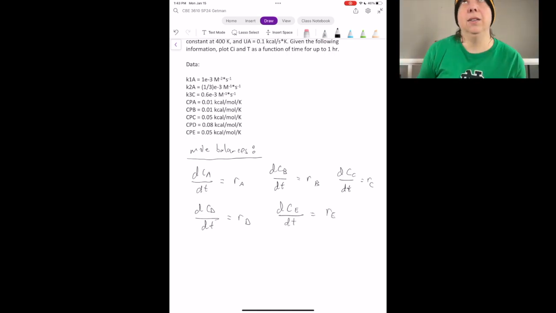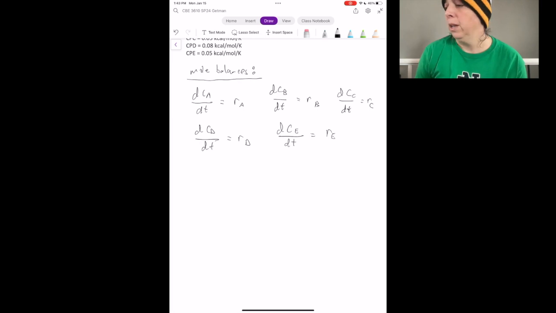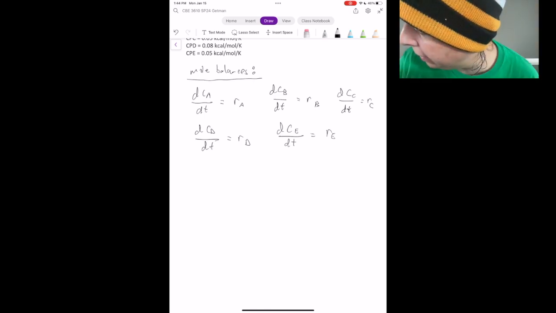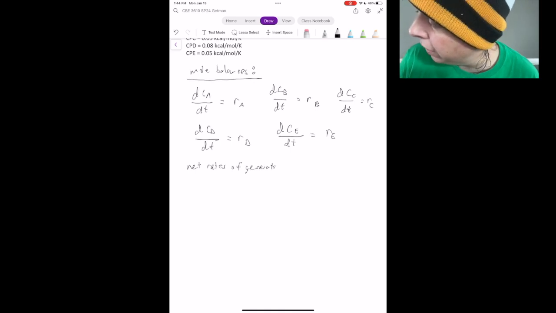So those are the rate of change in the concentration is going to be equal to the rates of generation of each species. And notice that our units are consistent here. On the left-hand side, we have moles per volume per time, and on the right-hand side, we have moles per volume per time. All right, so now I need to write my net rates of generation for each species.